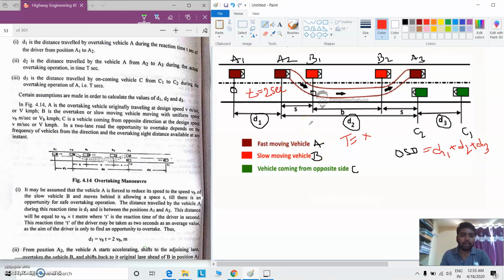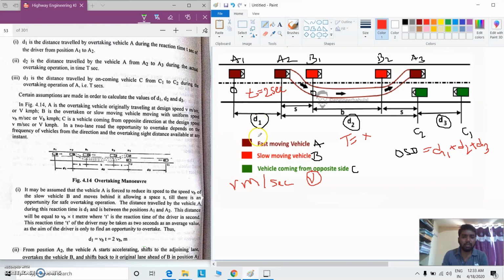Now we know what d1, d2, d3 are. Certain assumptions have been considered for d1, d2, d3. So what are those assumptions required to decide these distances? Vehicle A is the overtaking vehicle, originally traveling at a design speed. I will consider design speed v, small v, in meters per second, or you can consider capital V in kmph.